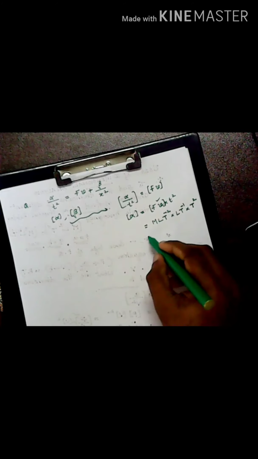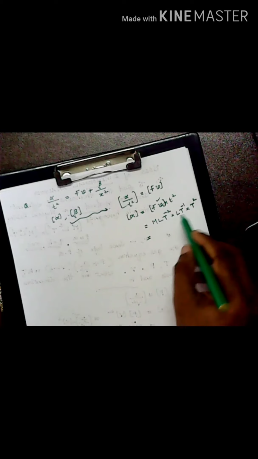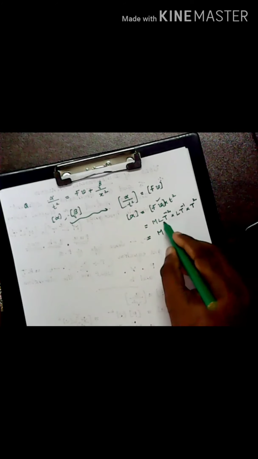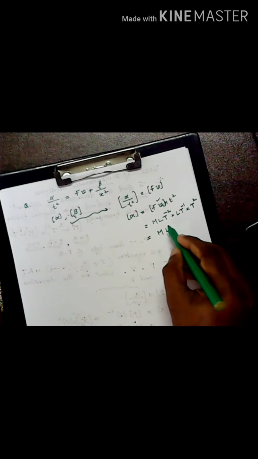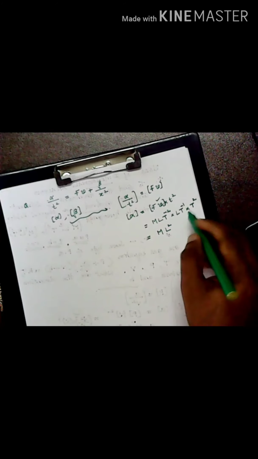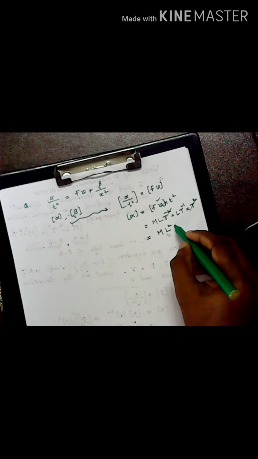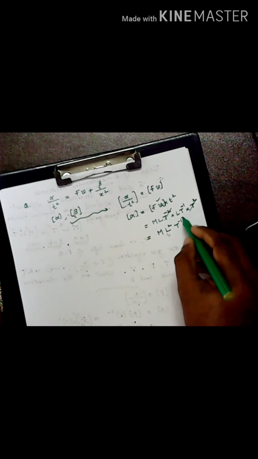That is equal to, see here the m alone, but L, the 2 contribution 1 plus 1 as a 2, m l square. Then t raised to minus 2, t square cancel. So m l square t raised to minus 1. So that is the dimension for alpha.